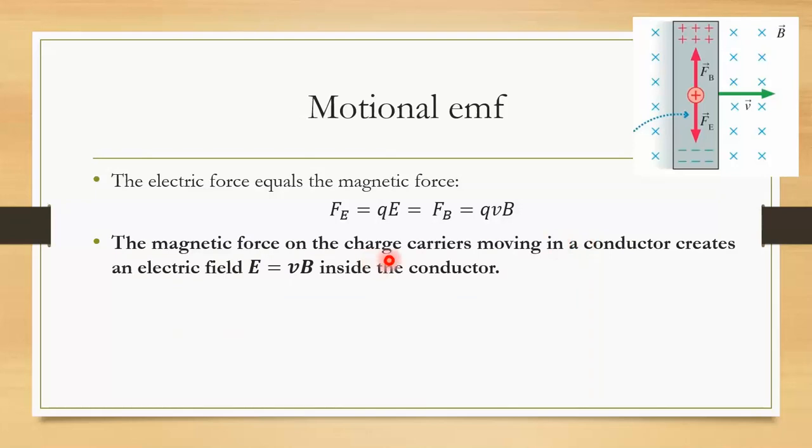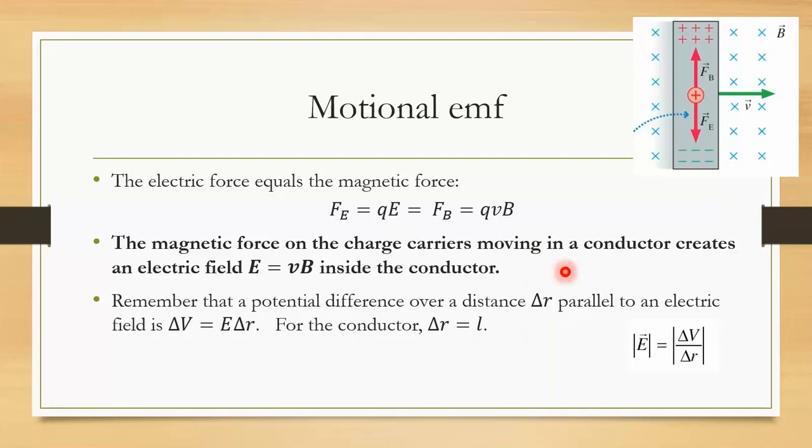The magnetic force on the charge carriers moving in a conductor will create the electric field, which is V times B. Because if you look at these two equations, if QE equals QVB, then that means the electric field created equals the velocity times the magnetic field.